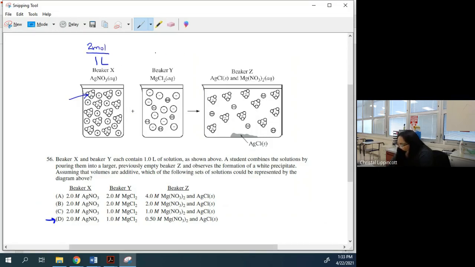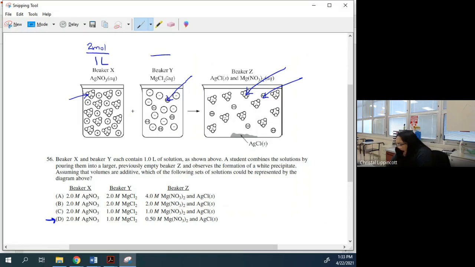When I come over here and look at my ions, the magnesium here is what I want to be focusing on, because that's what's floating around in here. And I want to look at the nitrate in this one, because that's what's floating around in here. So that's why I'm focusing on these ions.